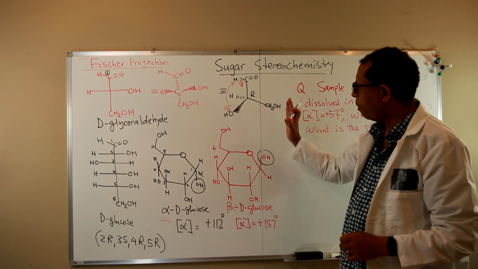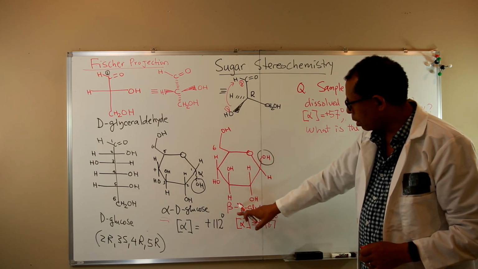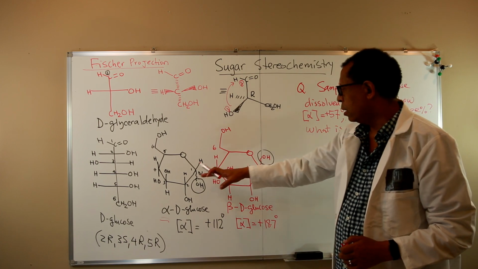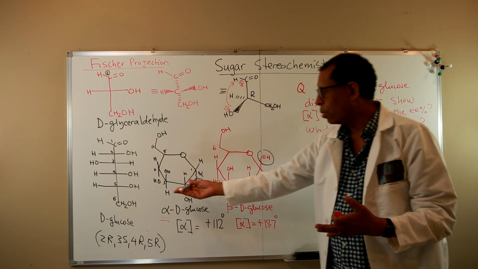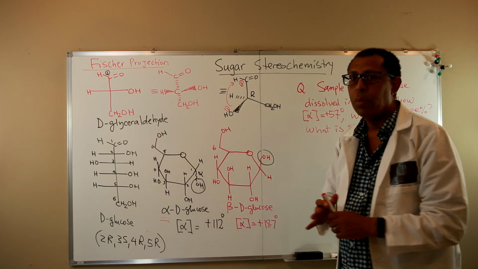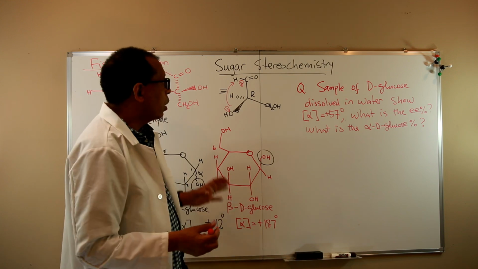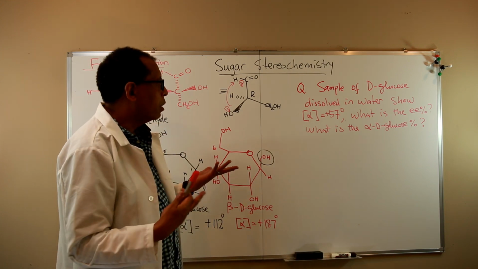When the OH is up on the surface of the ring relative to the others, this will be beta. So mostly there is an alpha and beta mixture in D-glucose. That's why we use optical rotation to determine the proportion of the alpha form and the beta form.